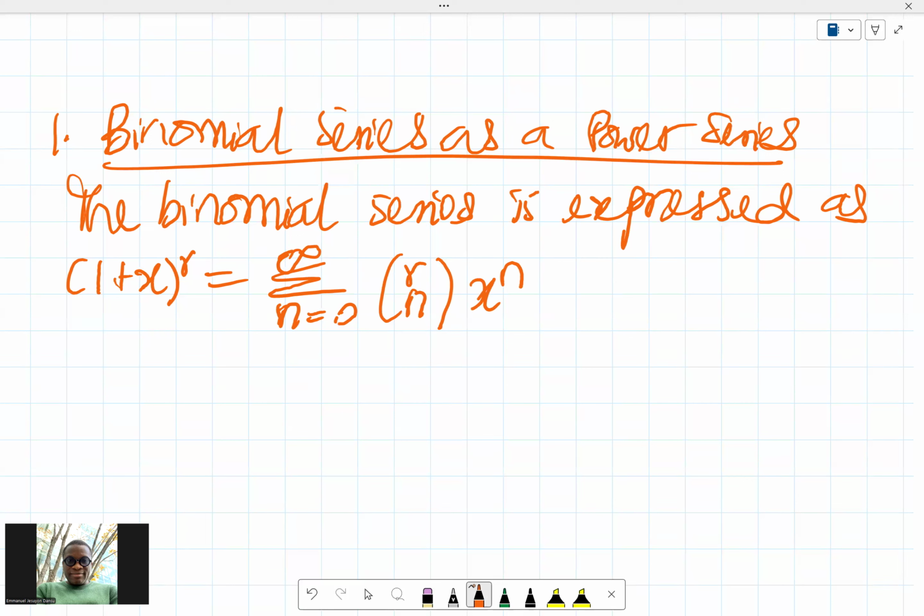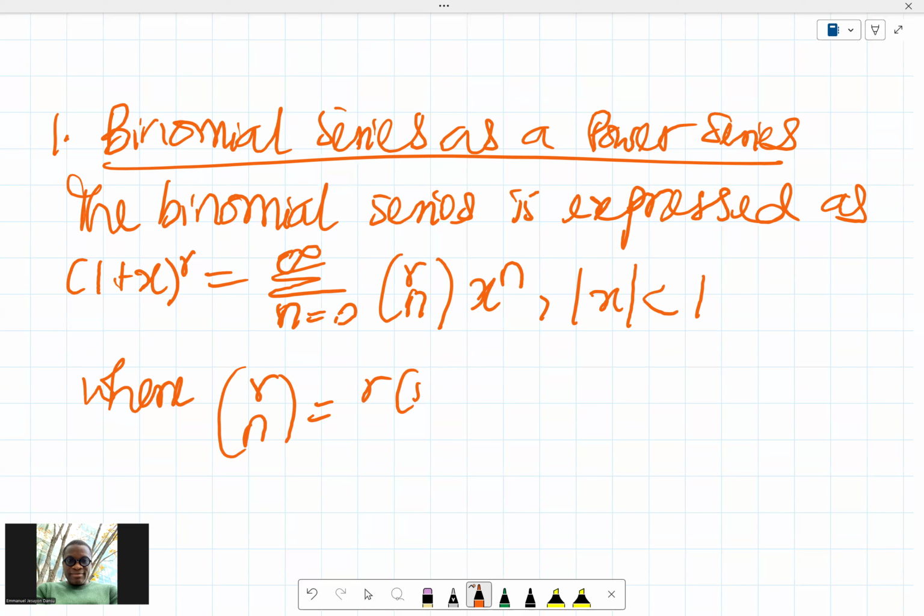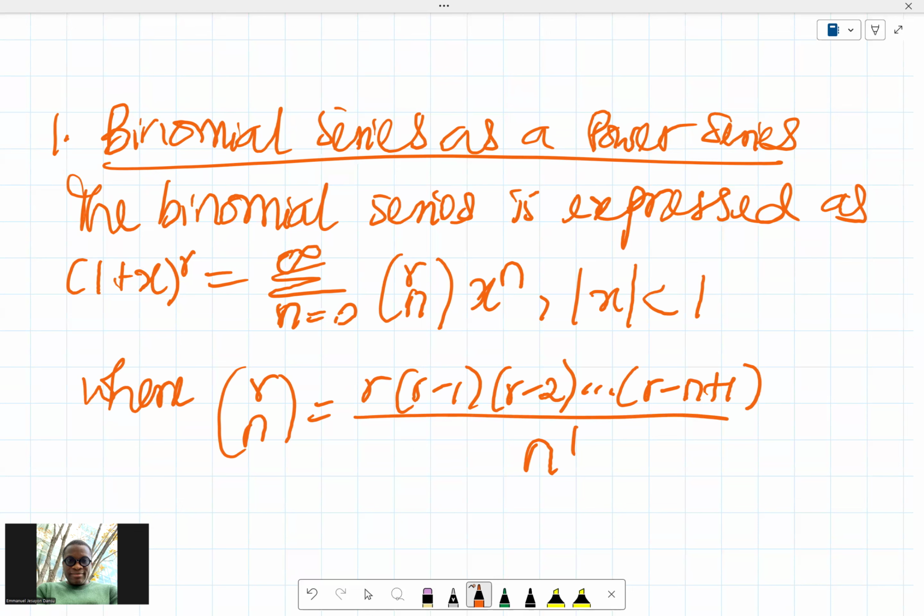So we can express it like this, right? And this is only true for absolute value of x less than 1, as we have always said. So where r combination n is the same thing as r into r minus 1 into r minus 2, and that goes on until we get to r minus n plus 1 divided by n factorial.